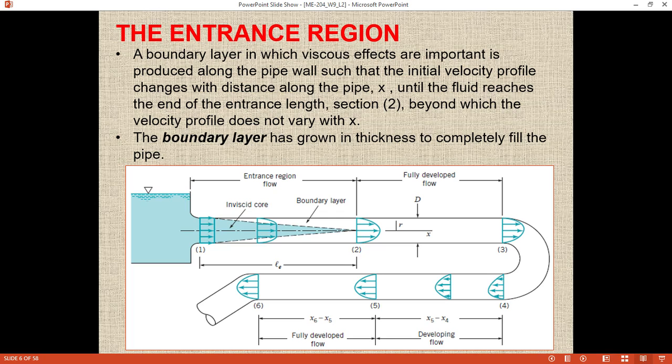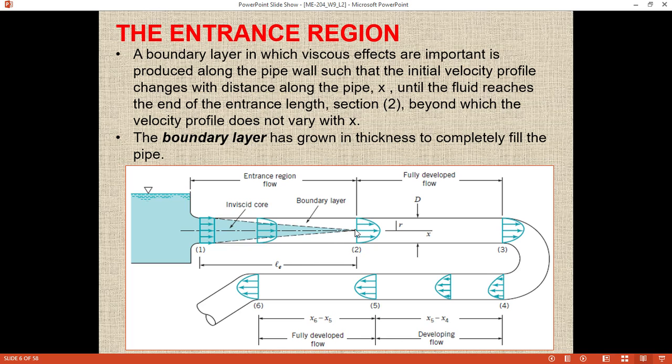If you go further, the velocity profile will not change, it will remain the same. So this point, where we get the proper velocity profile of the fluid, is called the end of the entrance region.